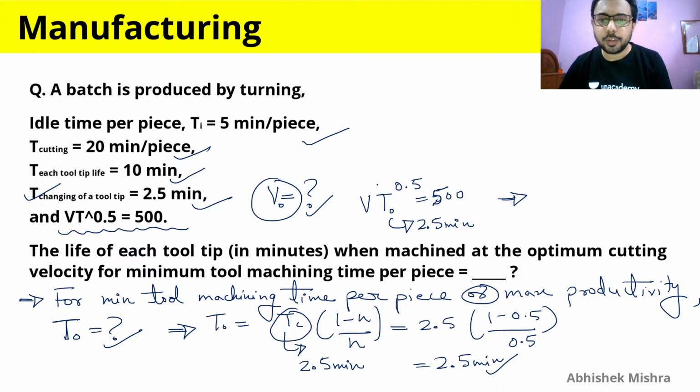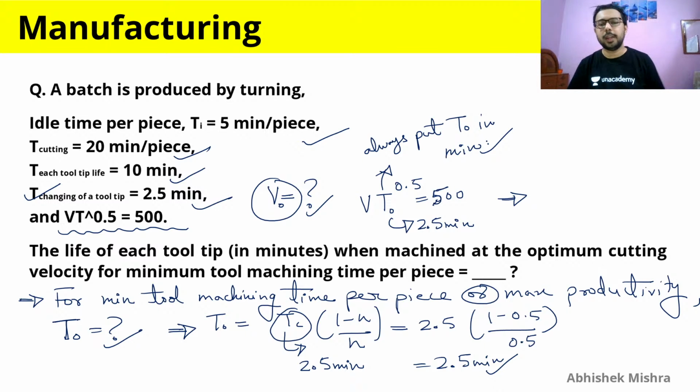In this tool life equation, we always have to put T naught in minutes. So you have to always put this in minutes, and let's just calculate it.